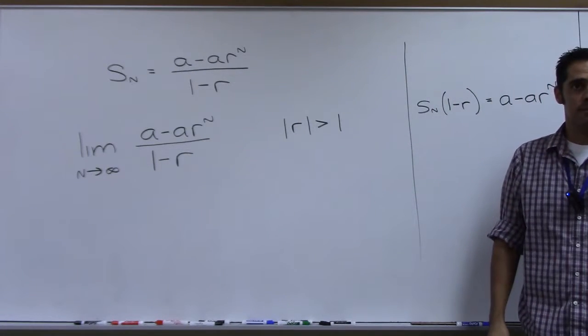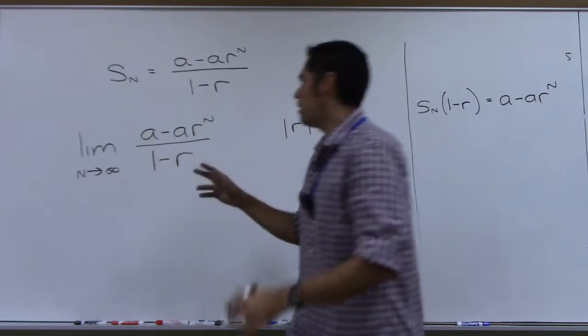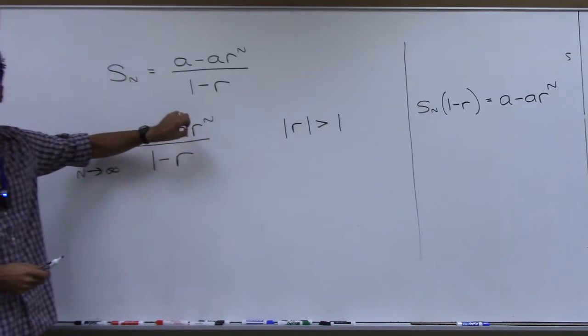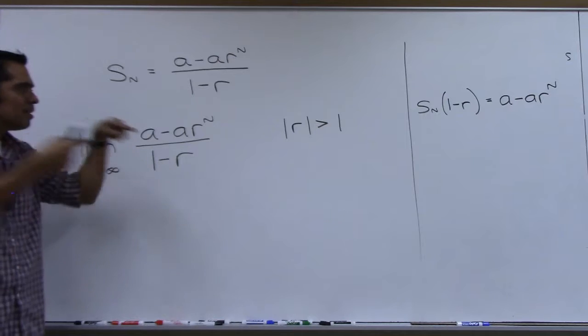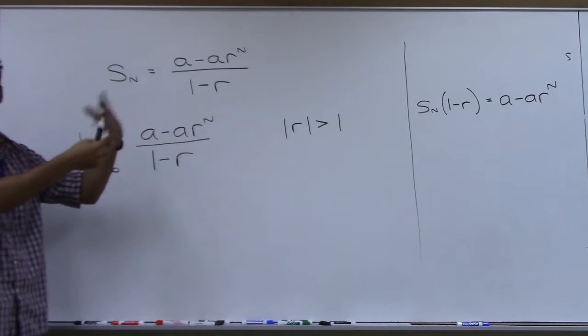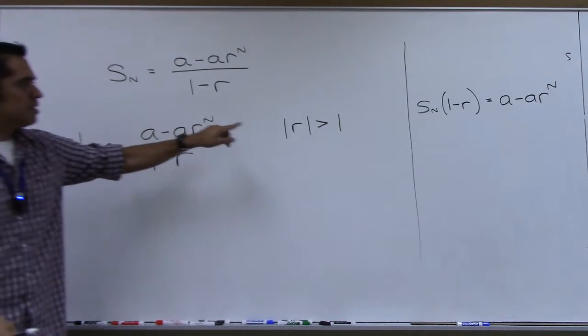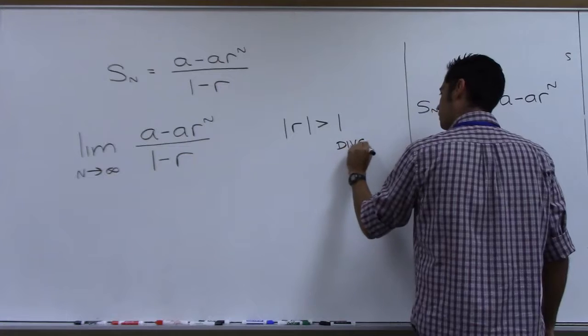Yes? If I let r be negative 1, or negative 2 or something like that, then this thing is still going to diverge because it's going to get huge and keep switching between negative and positive numbers. It's not going to go somewhere. That again is back to 8.1. So this is a problem. If the absolute value of r is bigger than 1, it's going to diverge.